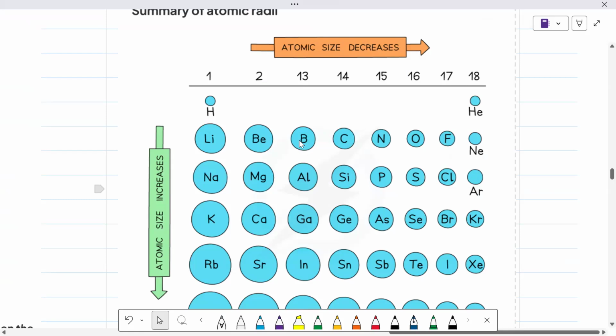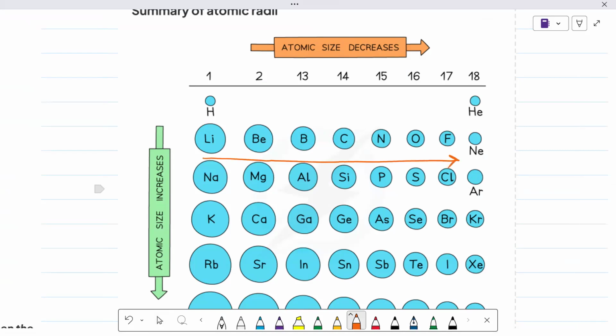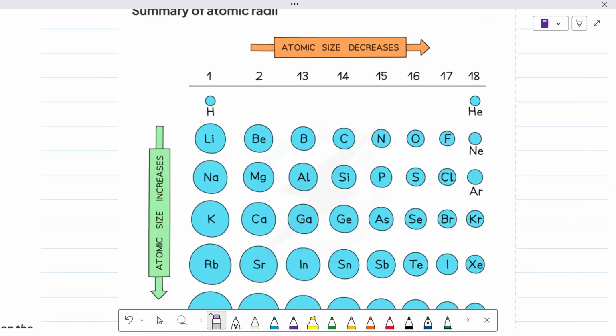So across the period, what trend are you observing? They get smaller. Yes, lithium is from group 1. From left to right, when you go across the period in the periodic table, the atomic radii decrease.